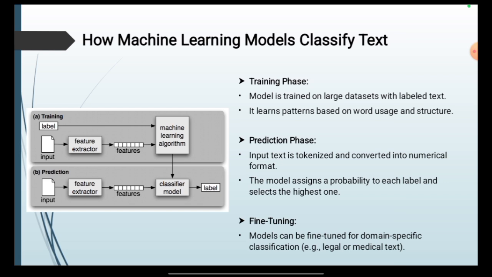In part B, prediction, the input text is processed in the same way to extract features, which are then passed into the trained classifier model to predict the label. This demonstrates how a model learns from data and then applies the learning process to classify new text inputs. So this is everything that can be said as per the details mentioned over here. Now let us move to the next discussion part.